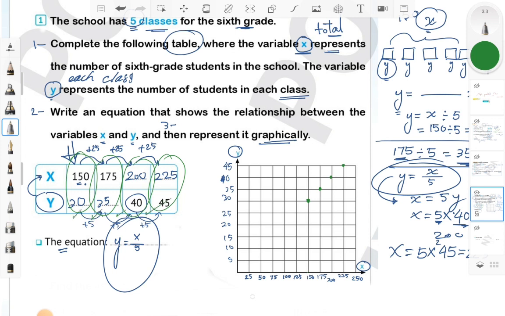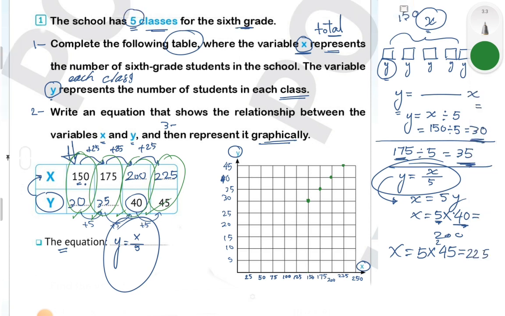Now we need to connect them together. So start with the first point and go up like this. Now we finished our graph here.